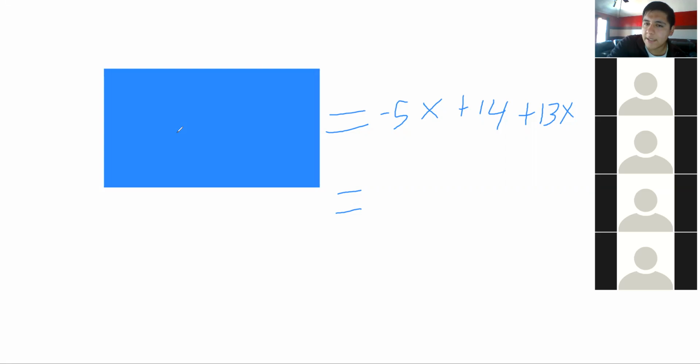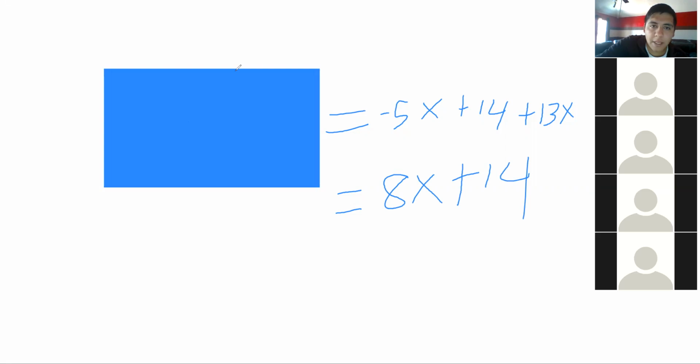Okay, so 13x or negative 5 plus 13, right? Remember, they're different signs, so we have to find the difference, and it's going to stay positive because 13 is a bigger number. So 8x plus 14. Okay?